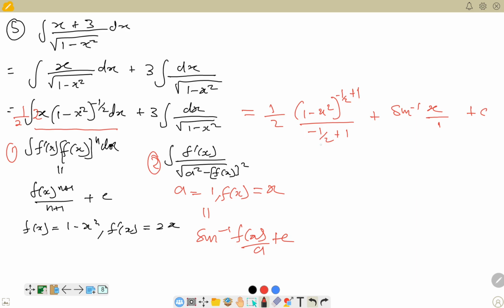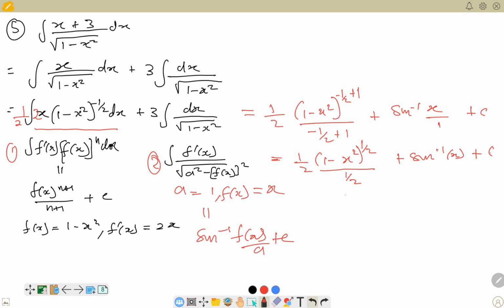So we can see that this works to 1 over 2, times 1 minus x squared to the power half, divided by half. Negative half plus 1 is half on the denominator, plus arcsine x plus c.